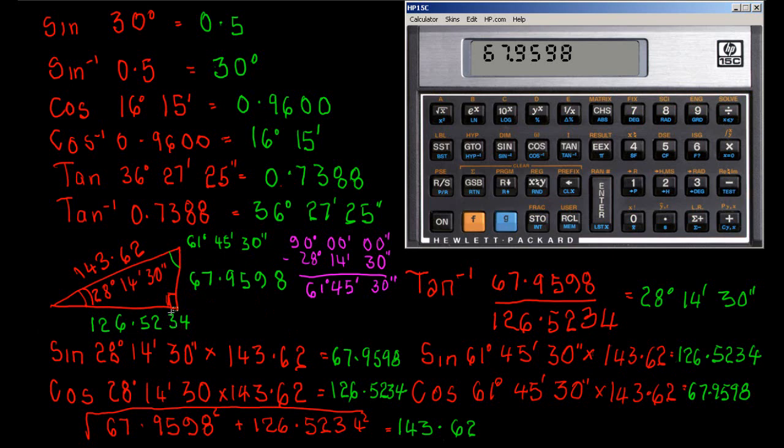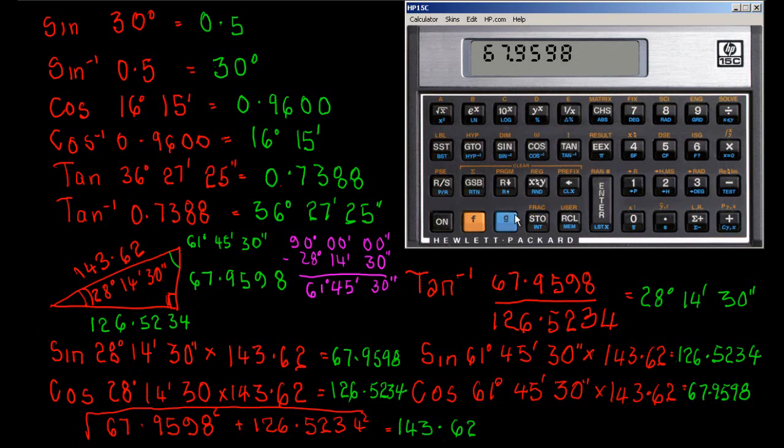And let's not forget our dear old friend Pythagoras. We know that the square on the hypotenuse is equal to the sum of the squares of the other two sides in a right angle triangle. So let's see how we could perhaps go about doing that in the calculator. 67.9598 there, and that's the one we want there.